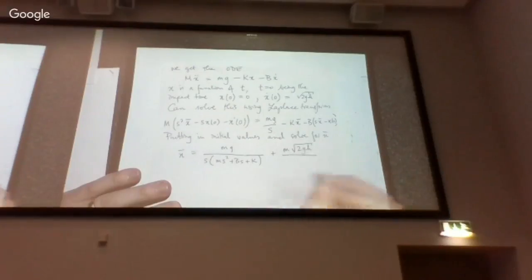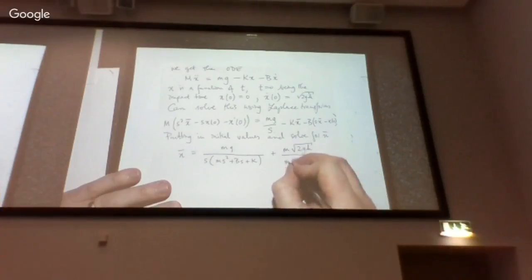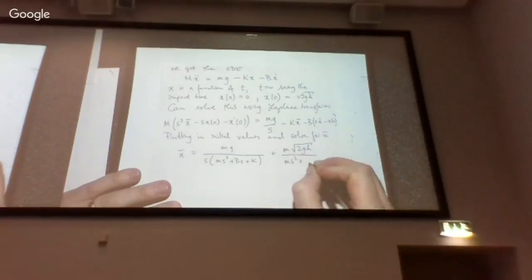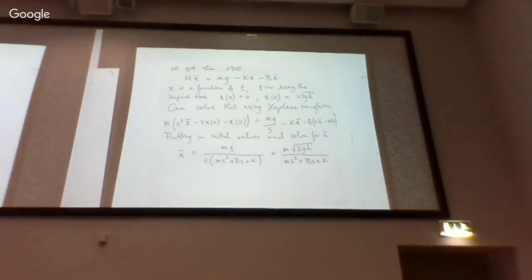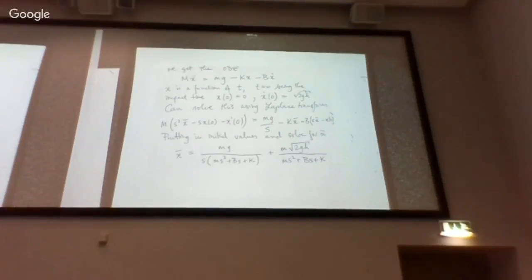And then this second component over here, which is ms squared plus bs plus k. This is what the solution to the transform problem appears like.